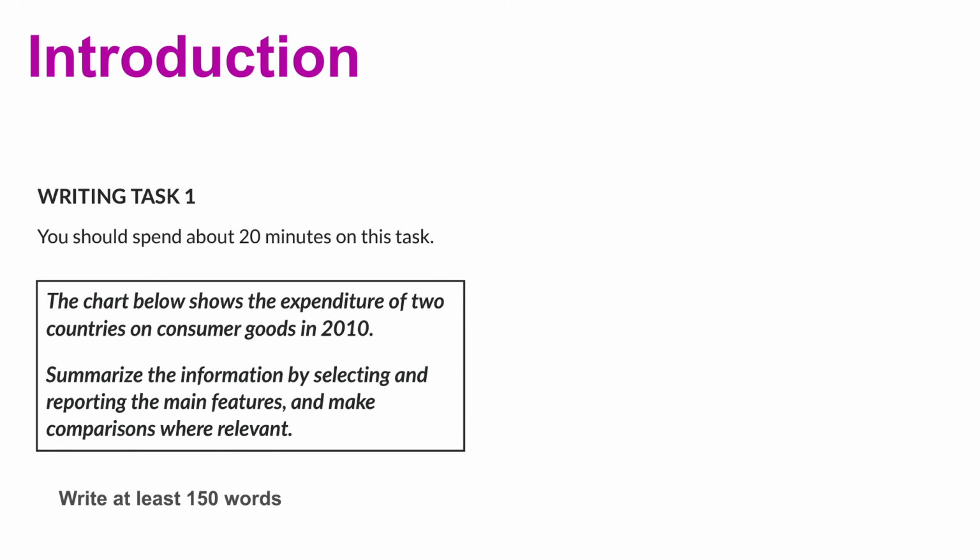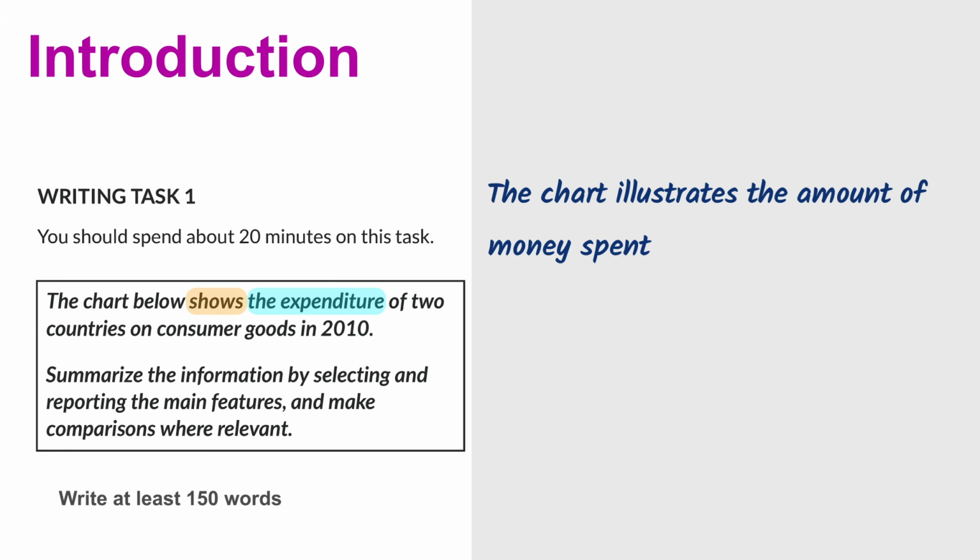Because the name of the countries are not included here, so we can include in our introduction. Instead of shows, the chart below shows, we can omit below, right? So we can write the chart. Instead of shows, we can write illustrates. Illustrates the expenditure. Instead of expenditure, we can write the amount of money spent.